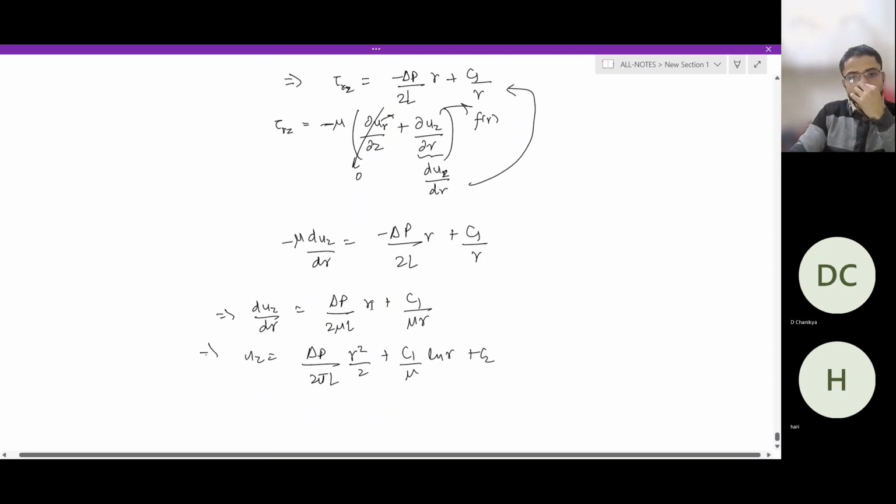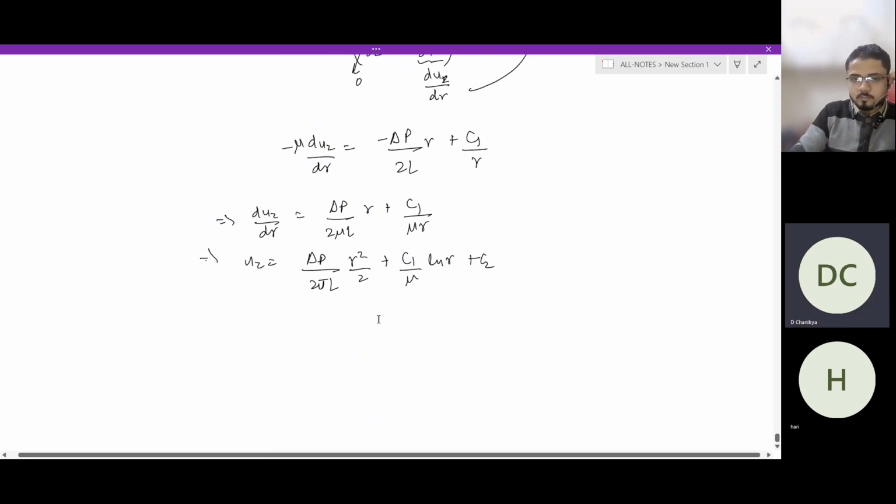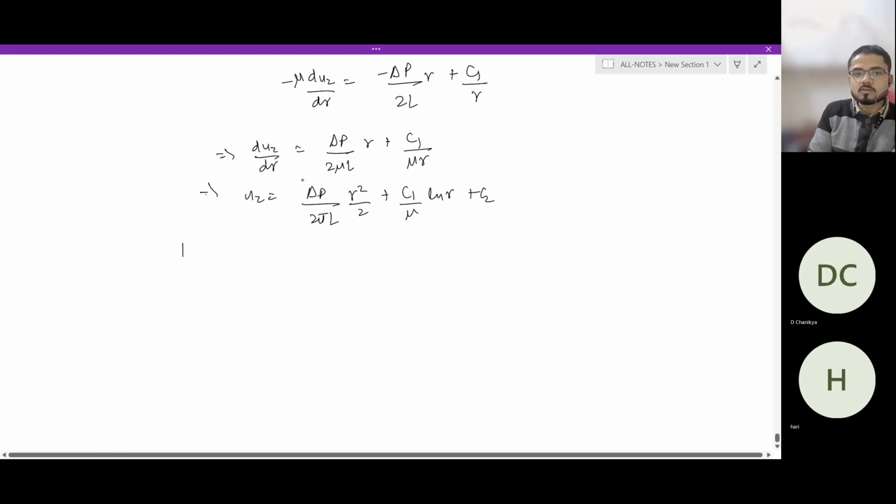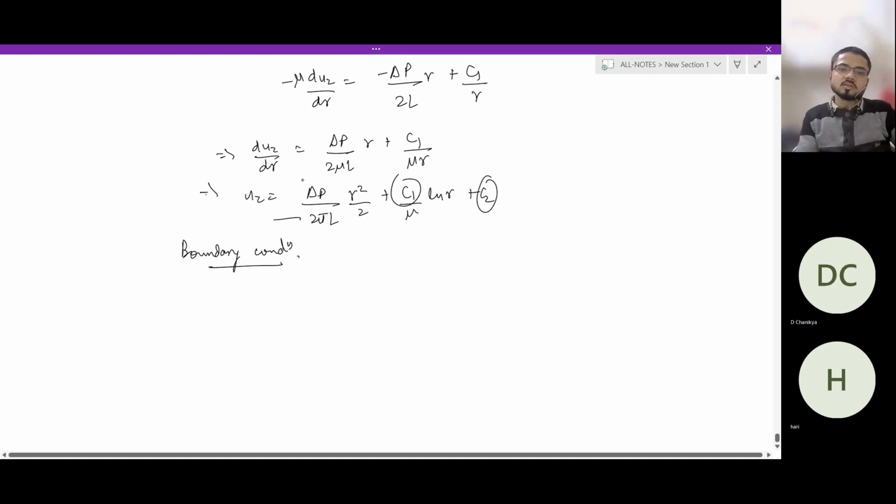Okay. Now the next step that comes right here is the boundary condition. Now you need to understand how this function behaves. Since there are two constants, you need to have two extra conditions in addition to this equation to have this system entirely fully defined, right?